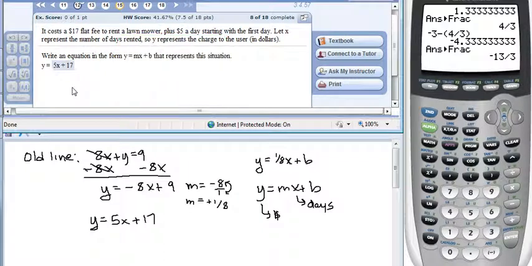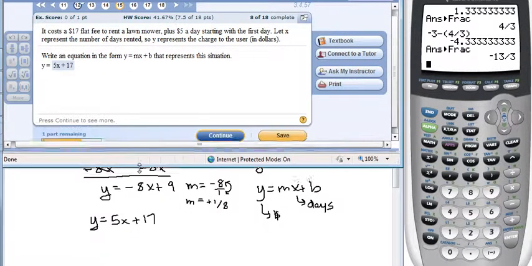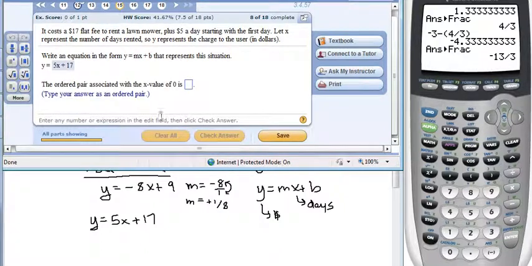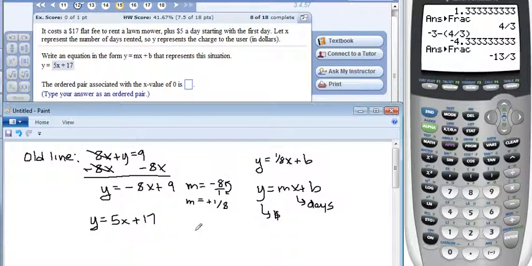So this will be our generic equation that tells us how to figure out if we rent for 1 day, 2 days, 3 days, 4 days, that kind of stuff. So the ordered pair associated with the x value of 0 is, well, what that's asking me for is the corresponding y value here.